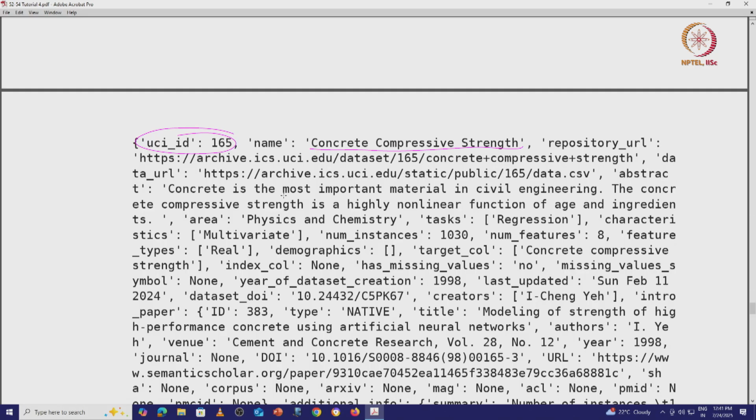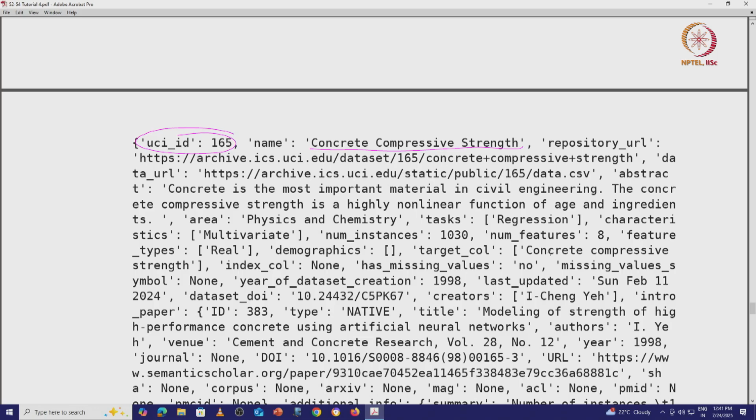So concrete is the most important material in civil engineering. The concrete compressive strength is a highly nonlinear function of age and ingredients, and the area of this data set is physics and chemistry. It involves a regression problem, a multivariate problem, and then the number of data points is 1030, number of features is 8, right.